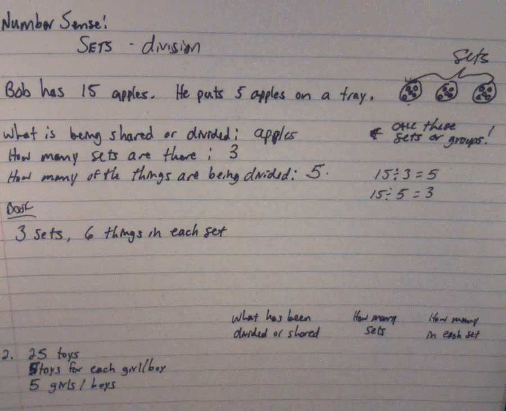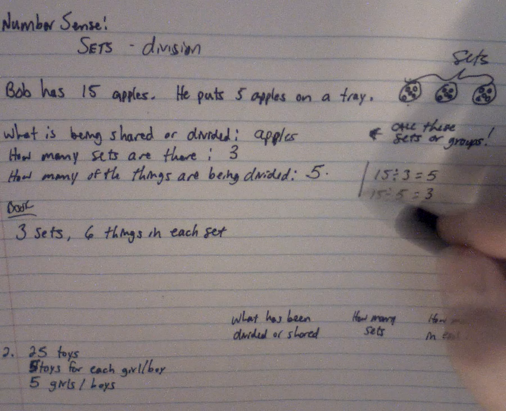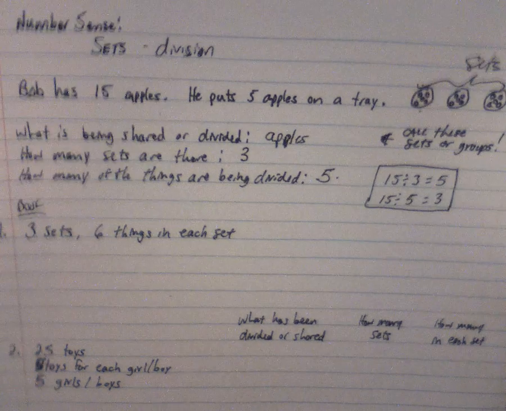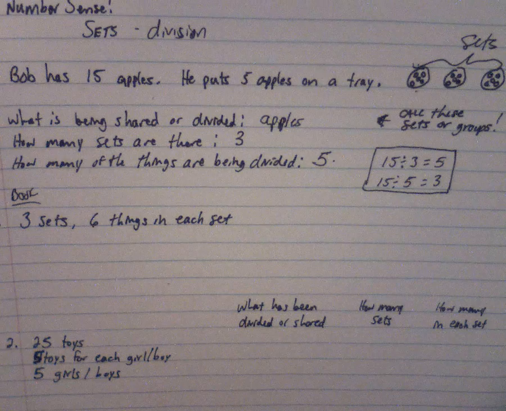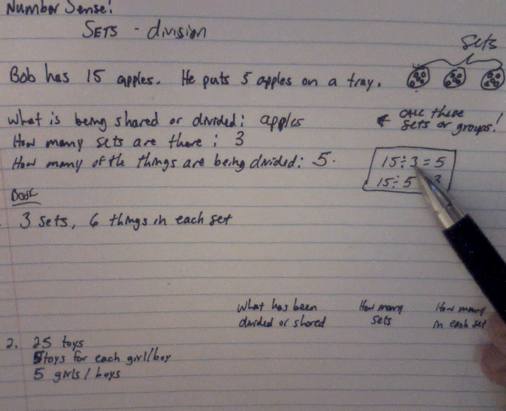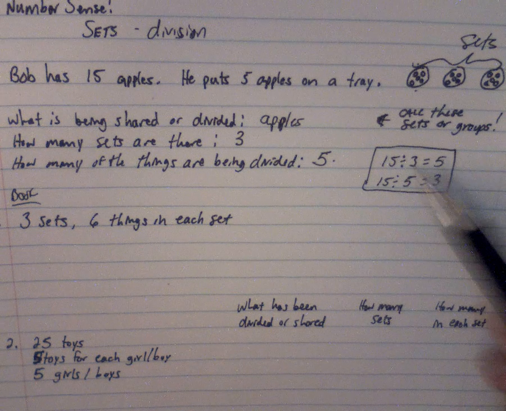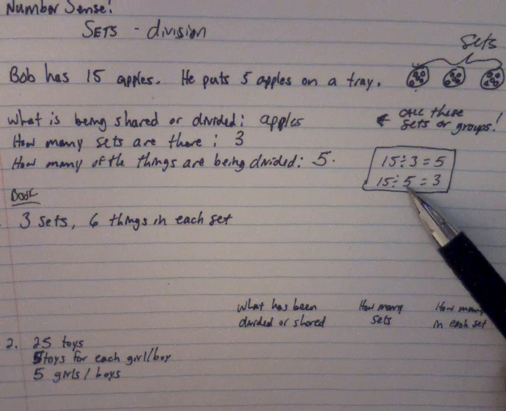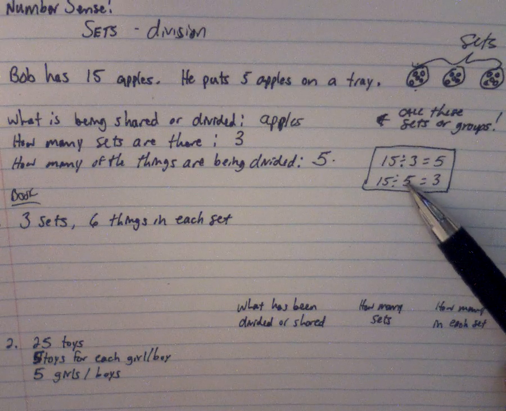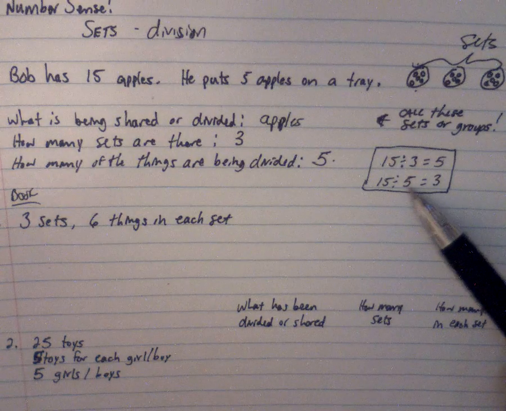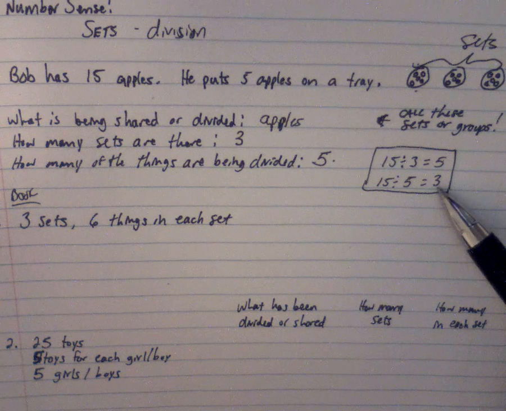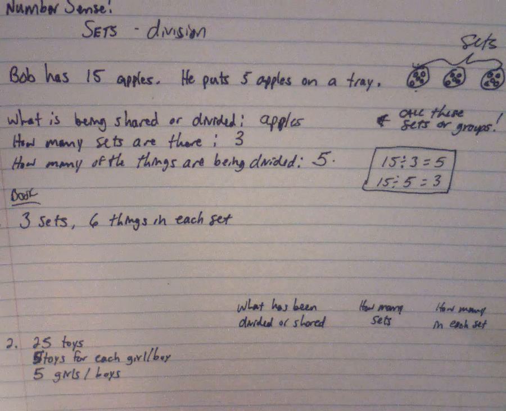We're going to get 3. This is called a fact family, okay, because they're related to each other. Obviously, this is telling us if we have 3 trays, how many are on each tray? 5. This is telling us we have 15 apples in total, and we're dividing 5 apples evenly. Then how many trays am I going to need? I'm going to need 3. So it's called a fact family.